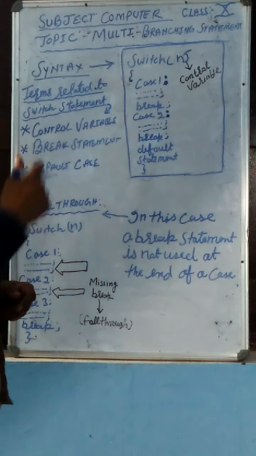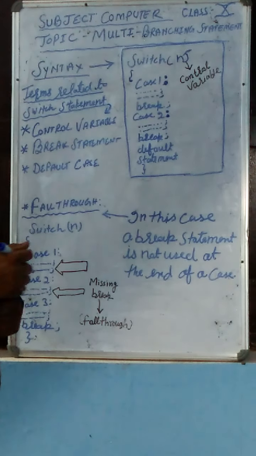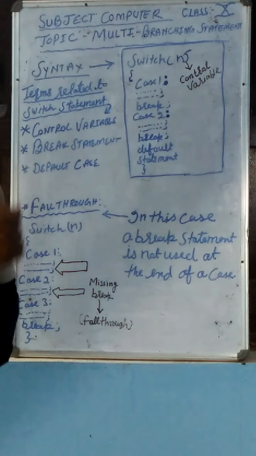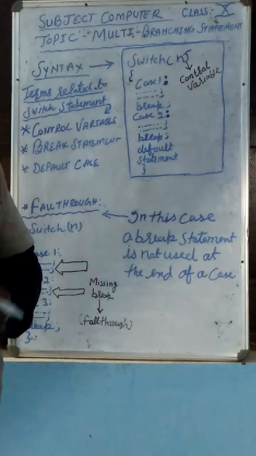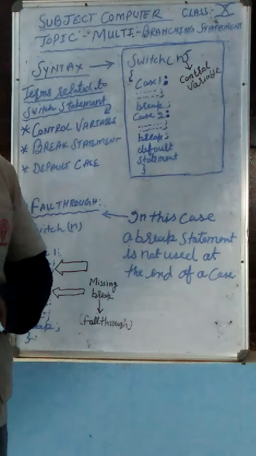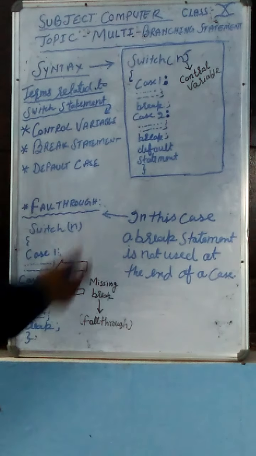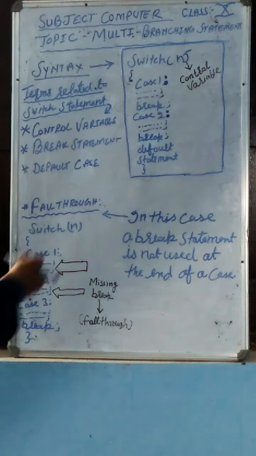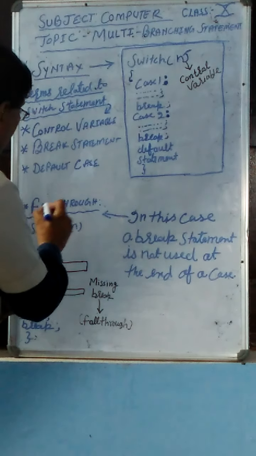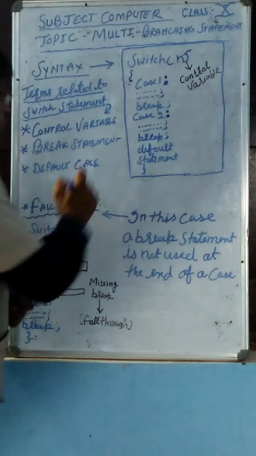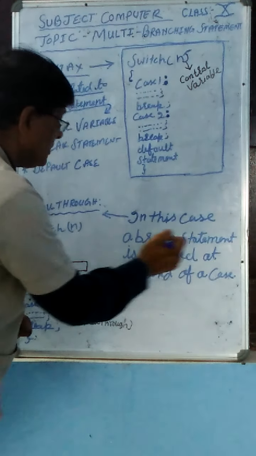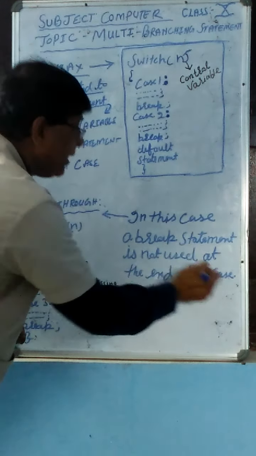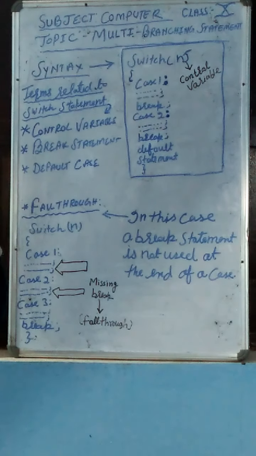And only one variable will be controlled and then all the statements will execute one by one. They will not break. You can understand by the definition: in the fall through statement, the break statement is not used at the end of a case. You understand?